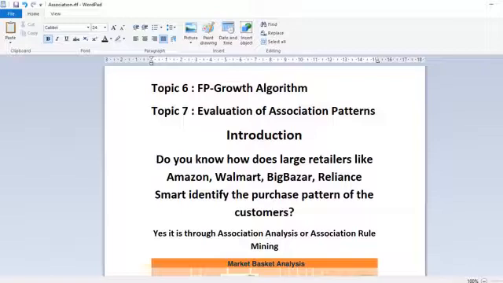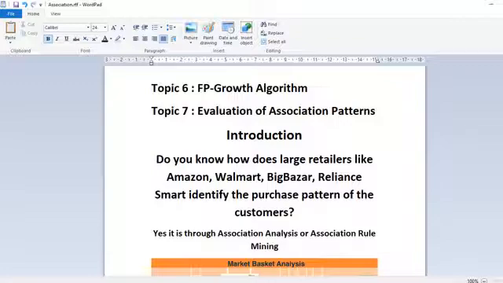Do you know how large retailers like Amazon, Walmart, Big Bazaar, Reliance Mart identify the purchase pattern of the customers? Yes, it is through association analysis or association rule mining. They will be having a large set of data from their day-to-day operations, which are collected in brick and mortar shops or through online sales.